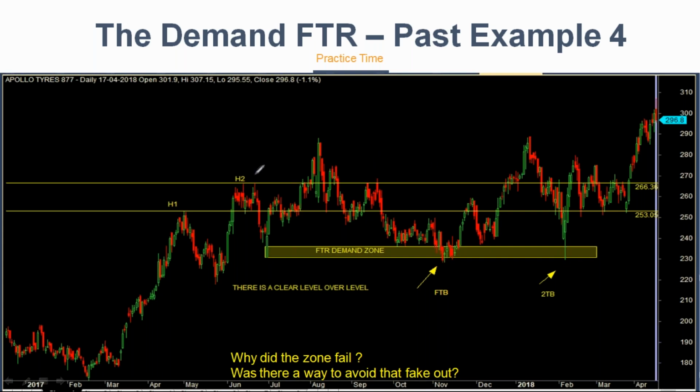I told you that the moment H2 is broken, from whichever candle it is broken, you need to go back from that candle to the bottom of the origin. The bottom of the origin is this, not this base.